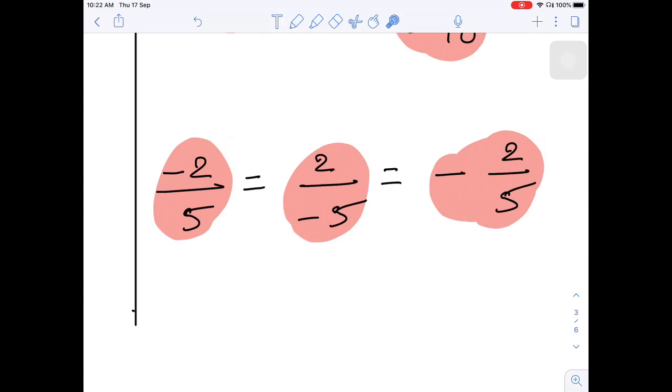So 2 upon minus 5 and minus 2 upon 5 are both the same, only we have changed the position of the minus sign. Still both of them are negative rational numbers. Again, if you don't want to put this minus sign here, we can keep it before the number also. So minus 2 upon 5 indicates that these three numbers are what? Each one of them is equal. There is no difference between them.